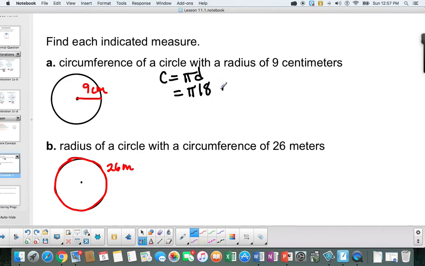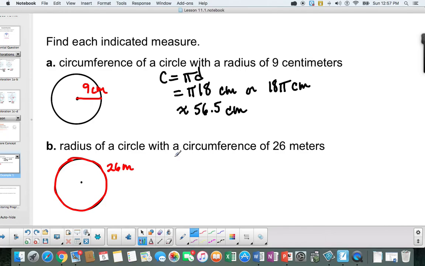Now that's going to be in centimeters. We like to put the 18 in front, so 18 pi centimeters would be the exact answer. If they ask you to round, then you're going to put that inside using the calculator, and that'll be about 56.5 if you round to the nearest tenths centimeters. And that's again about 3 times 18.